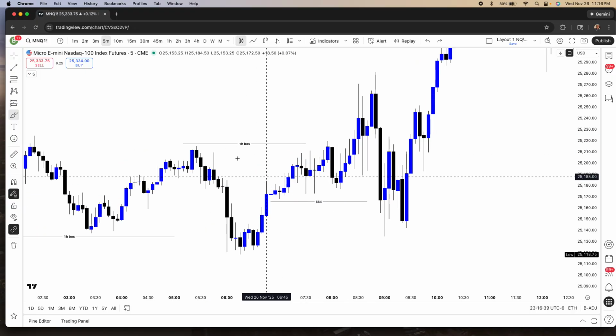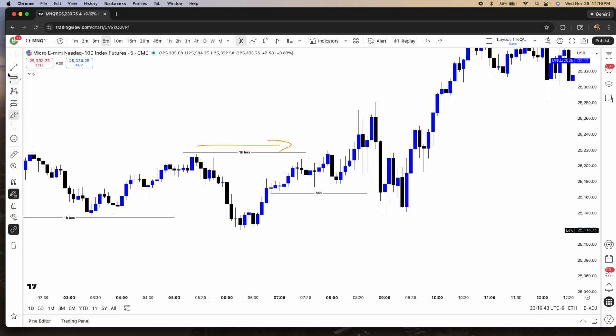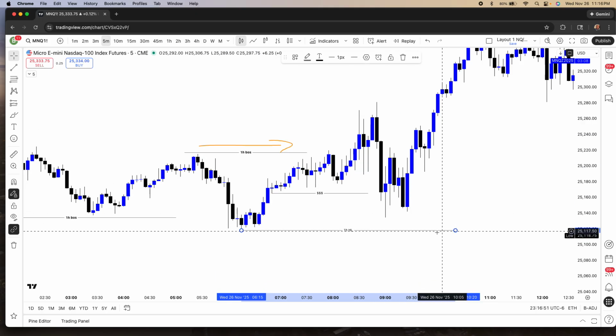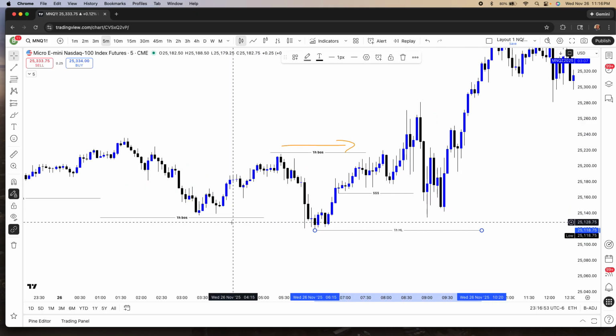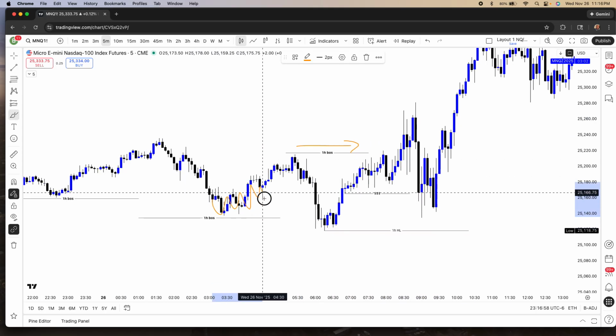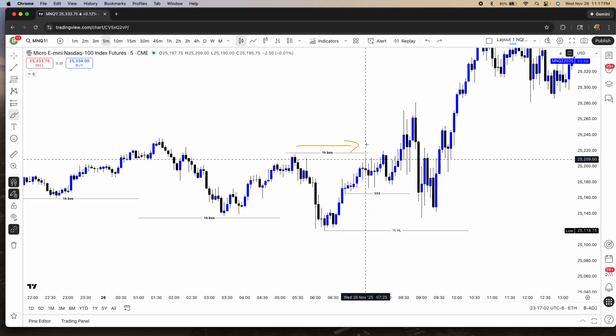So if this is my 1 hour break of structure and this is the 1 hour low that I want to see hold, and I'll write that in here, 1 hour higher low, this is the low that I wanted to see hold that swept this liquidity over here, which you can see we have stacked lows over here that we ended up taking out with the push and then going to the upside.